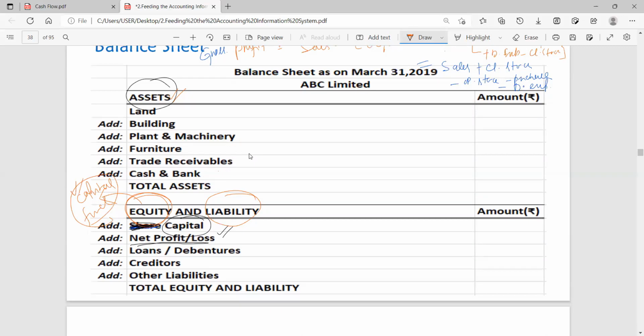How much is the owner's investment in the business as of now, how much money is the owner's money in the business, and how much money is the outsider's money in the business. The outsider's money, the lender's money, is liabilities, and this equity or capital is the owner's money.